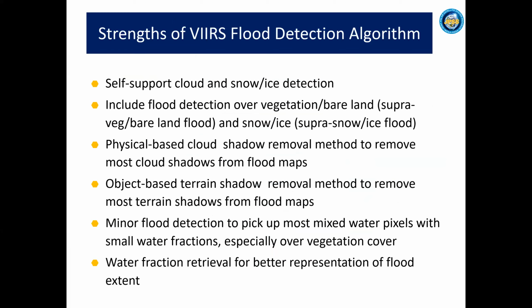It also has a physical-based cloud shadow removal method to remove most cloud shadows from flood maps, as well as an object-based terrain shadow removal method to remove most terrain shadows from flood maps. The algorithm can pick up most mixed water pixels with small water fractions using a minor flood detection method, and it retrieves water fractions for better representation of flood extent.